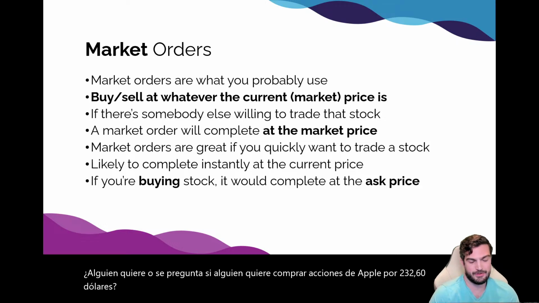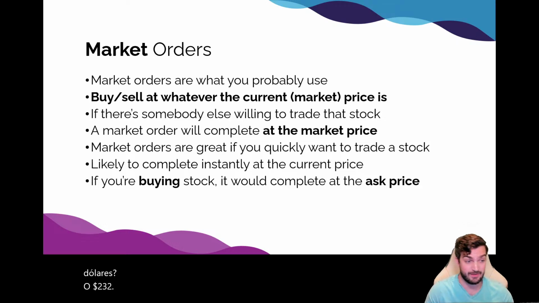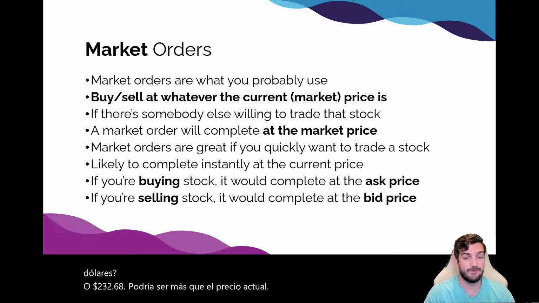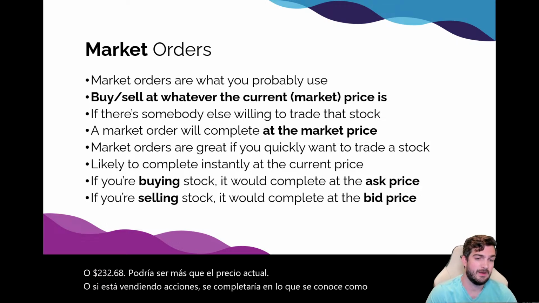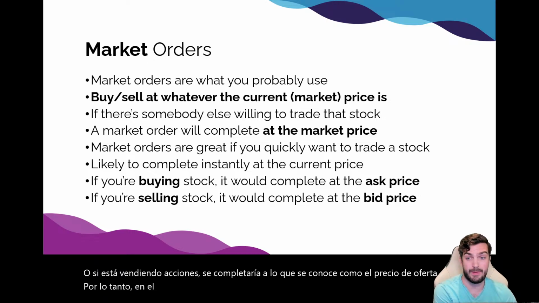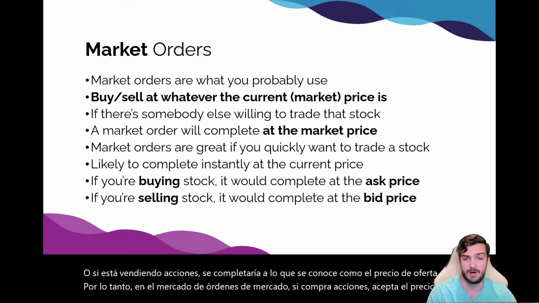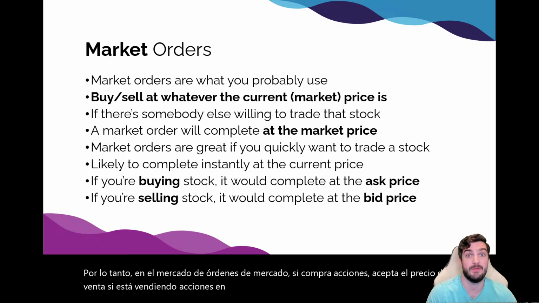Or $232.68? It could be more than the current price. Or if you are selling stock, it would complete at what is known as the bid price. So for market orders, if you buy stock, you are accepting whatever the ask price is. If you're selling stock on a market order, you're accepting whatever the bid price is.